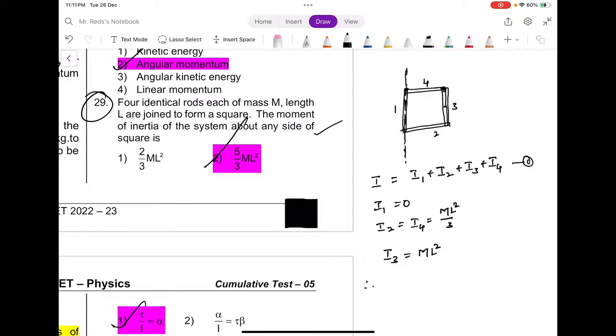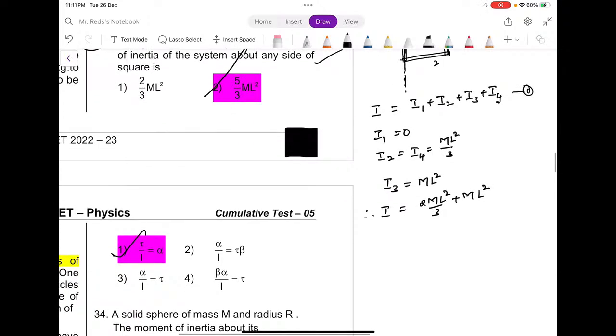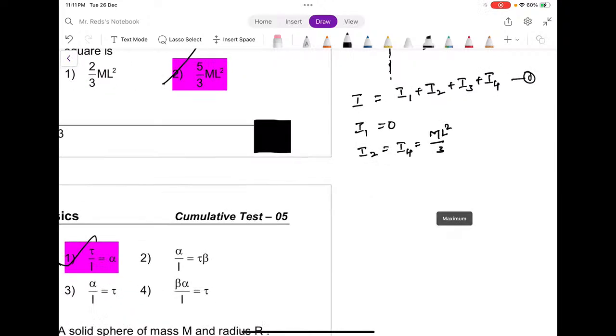Therefore from equation 1, I1 is 0, and I2 and I4 added together, and I3 also added, we will get 2 ml square by 3 plus ml square.